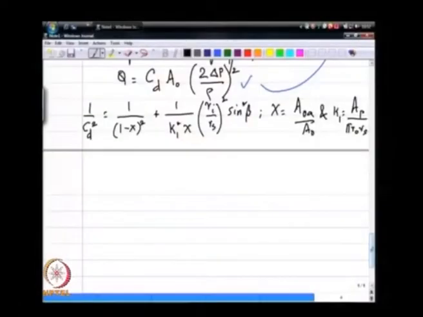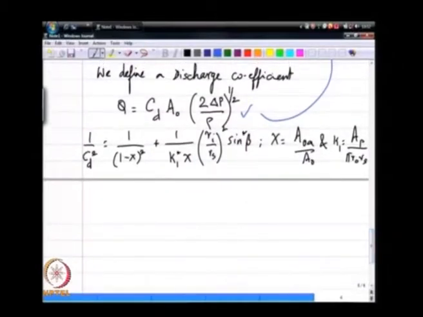So, if I assume an A0, I know CD because Q and delta P are given to me in the form of constraints. I have a supply pressure and I have a flow rate I need to deliver. So, for a given A0 I can find a CD.